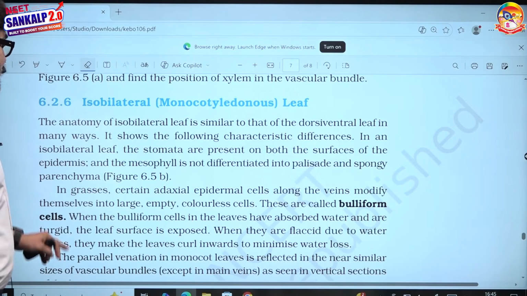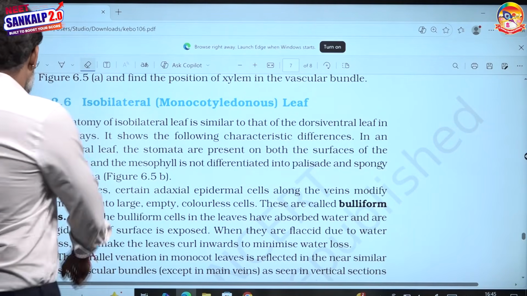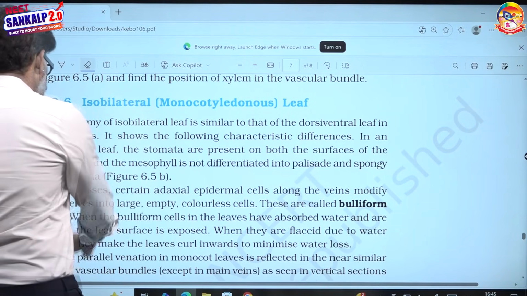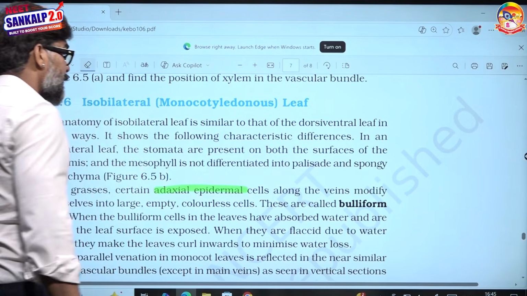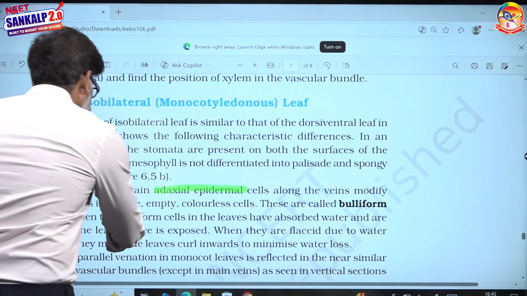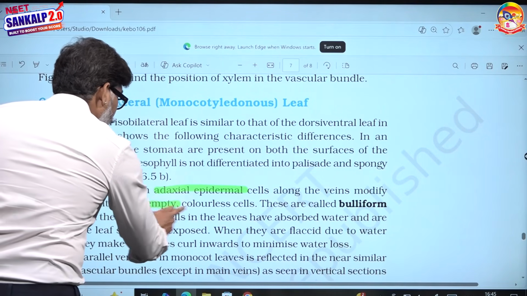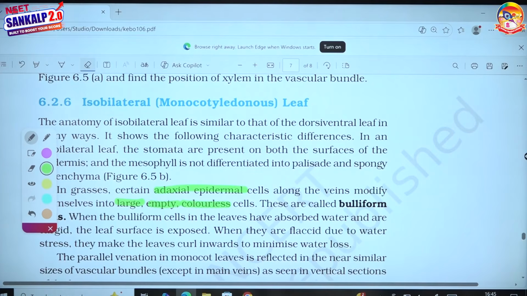In grasses, certain adaxial epidermal cells, adaxial means again ventral, so I highlight it again, along the vein modify themselves into large, empty, colorless cells. These cells are known as bulliform cells.